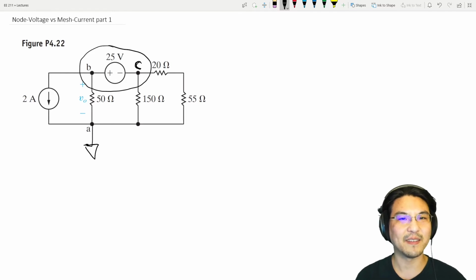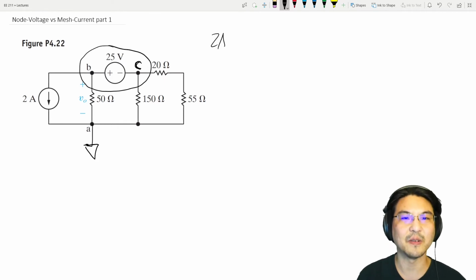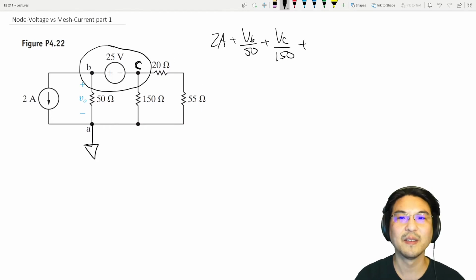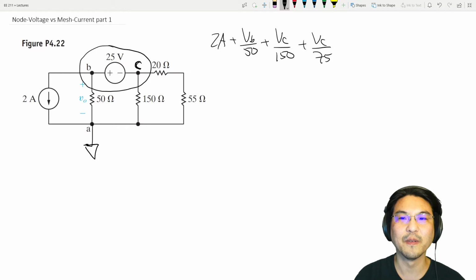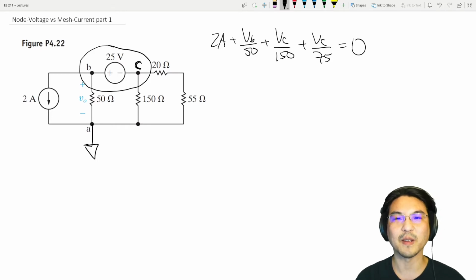Now we'll write KCL for the supernode. So let's start over here. 2. Now over here, VB over 50. Over here, VC over 150. Now over here, VC over these two in series, 75. Okay, so we got two unknowns, one equation.